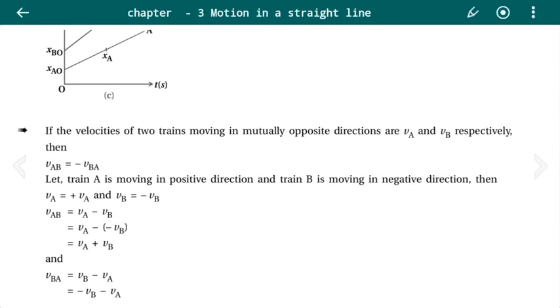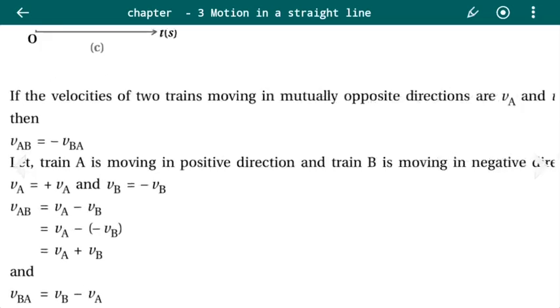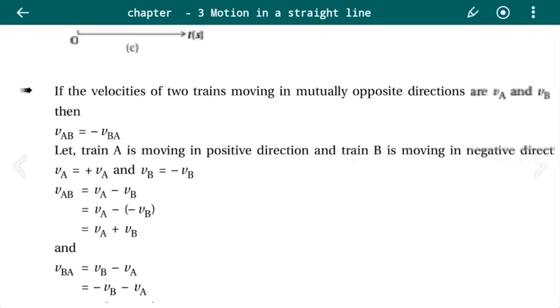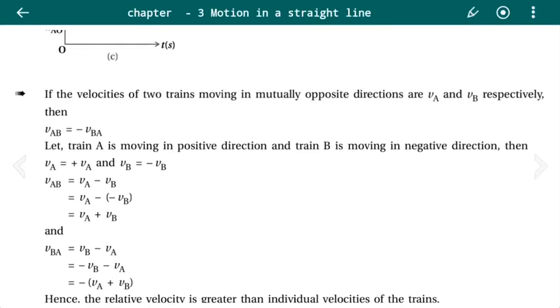If the velocities of two trains moving in mutually opposite directions are va and vb respectively, then vab equals to minus vba. Here we are considering two trains moving in opposite directions, and if train A has velocity va and train B has velocity vb, then the relative velocity can be written as vab equals to minus vba.